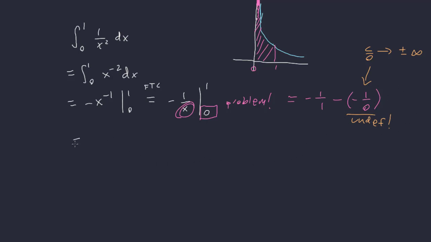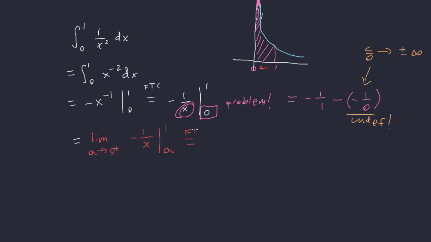So what people do, since we can't just plug that in, is they say, okay, let's change this. Let's say it's the limit as a goes to 0. Okay, and we're approaching 0 from the right, so it's literally just 0 from the right, of negative 1 over x evaluated from a to 1.